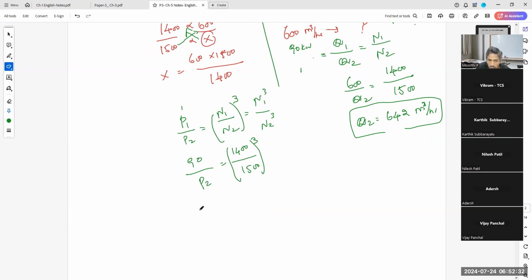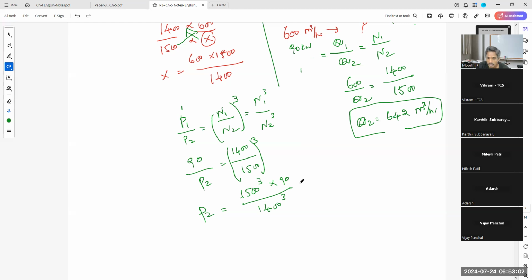Next, P2 equal to, what is the P2 equal to? How to calculate P2? P2 is equal to 1500 cube into 90 divided by 1400 cube.